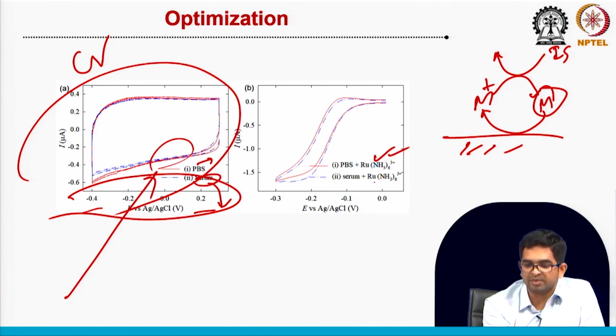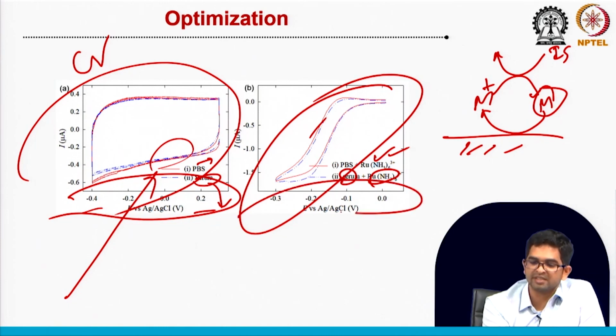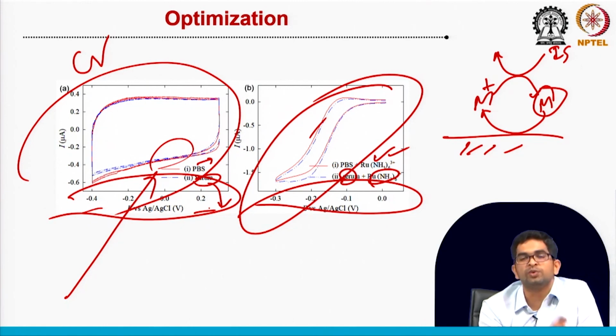That's why for the mediator and serum mixture you also have to check a cyclic voltammogram. See, it shows almost the same. It means there is not much interfering species effect in this potential window. This way we can determine, and like this we can optimize the several factors to see whether the biosensor we are designing is really useful as a wash-free biosensor or not.